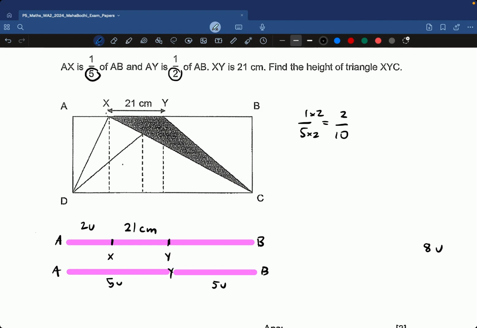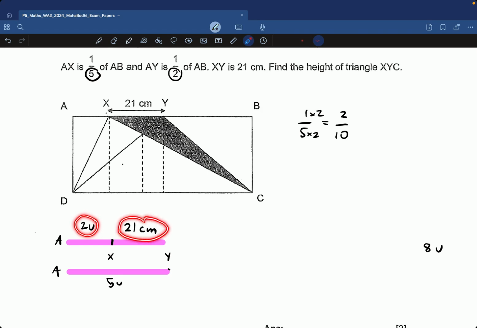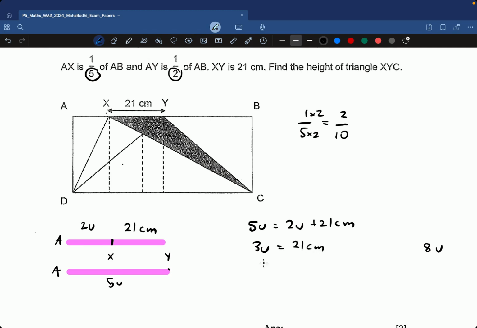So with this, can we get 1 unit? You see 2 units plus 21 cm is equal to 5 units, right? So 5 units is equal to 2 units plus 21 cm. And then 3 units, because we minus 2 on each side, is equal to 21 cm. Then 1 unit is equal to 7 cm.